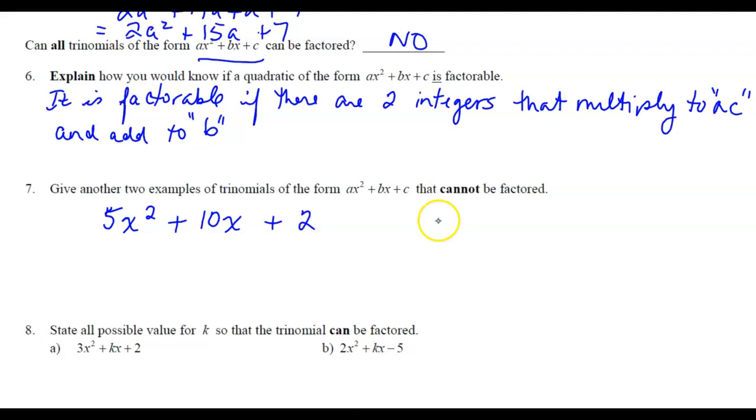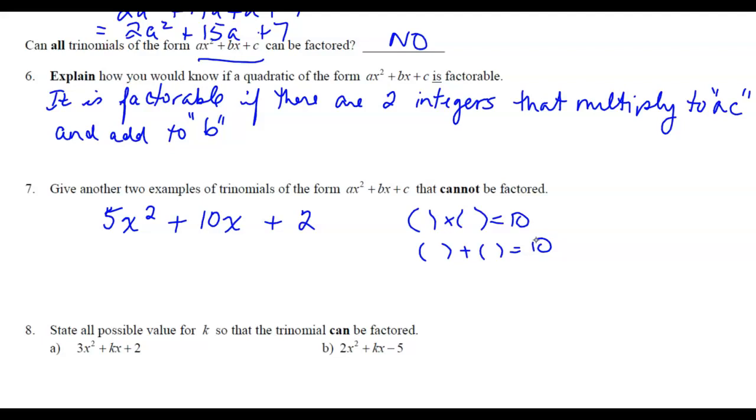So I would need two numbers that multiply to 10 and add to 10. Is there any way that you could do that? Have two numbers that multiply to 10 and add to 10, if we're dealing with integers. No. So there we go.